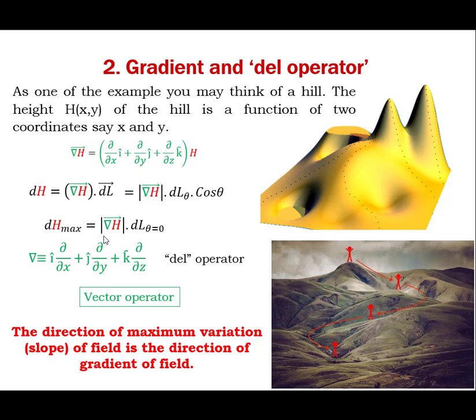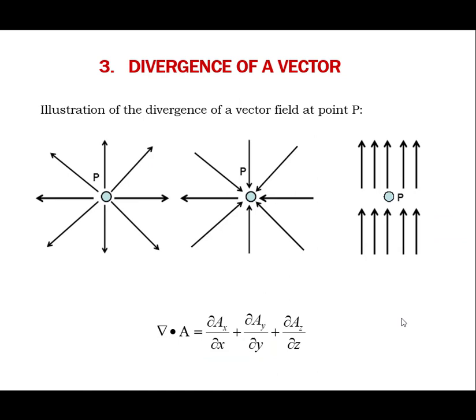It behaves like a vector in terms of scalar and vector products with other vectors. Let us see what happens if we operate it with other vector functions or vector fields via dot product or cross product. When the del operator is operated on any vector field A via dot product, it gives the divergence of a vector. The property of divergence is like its name.